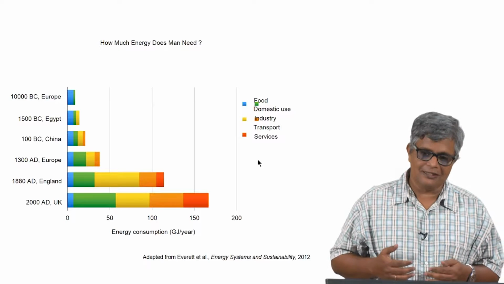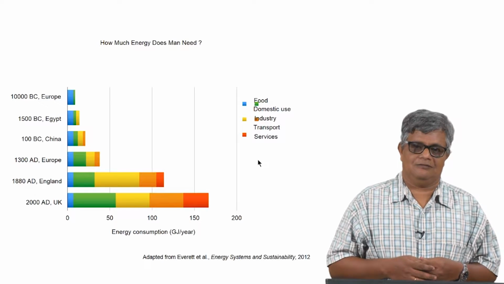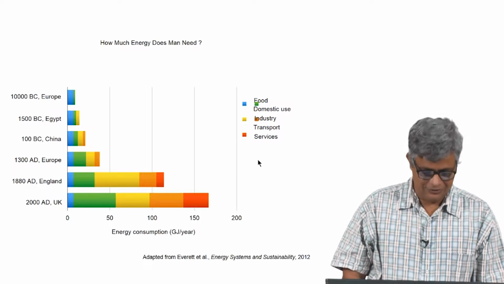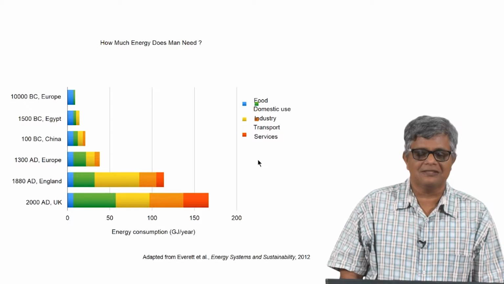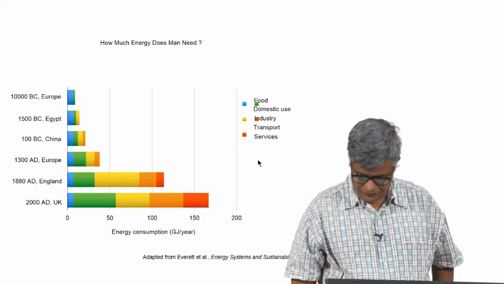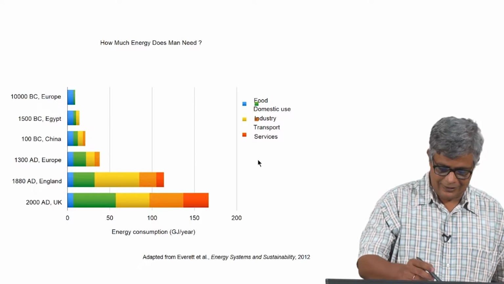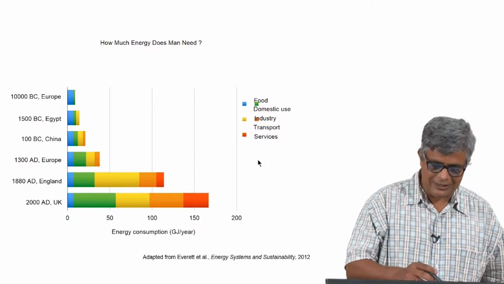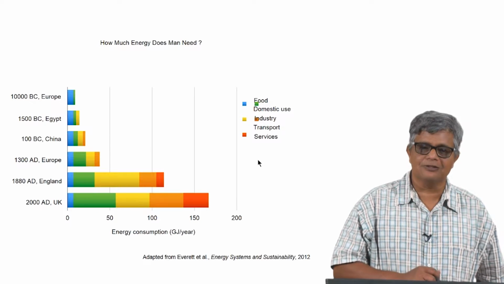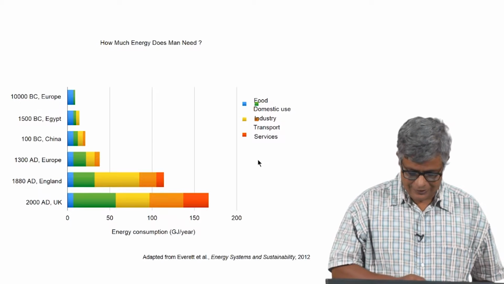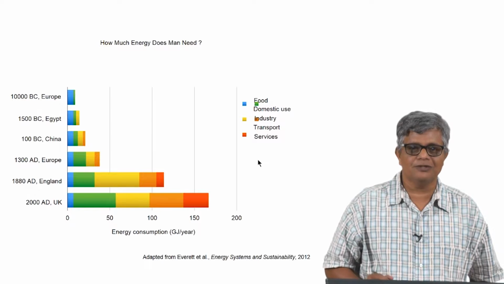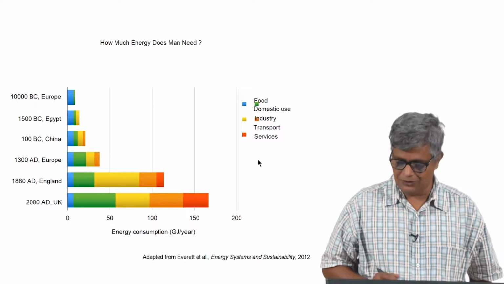So, when we look at the historical, prehistorical needs of man's need for energy, we have some interesting trends that we can see here. In this slide, we have different eras going all the way from 10,000 BC to current 2000 AD. And here we have different colored segments indicating different ways in which energy is being used.